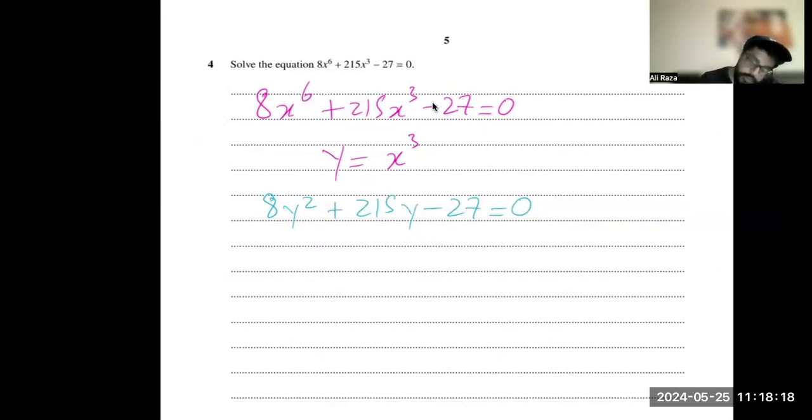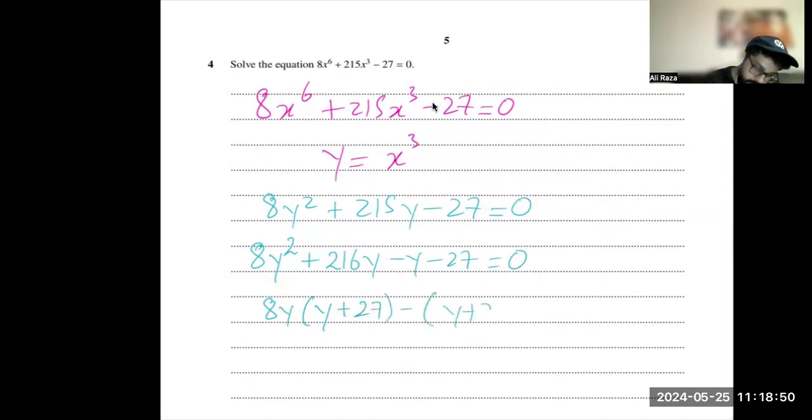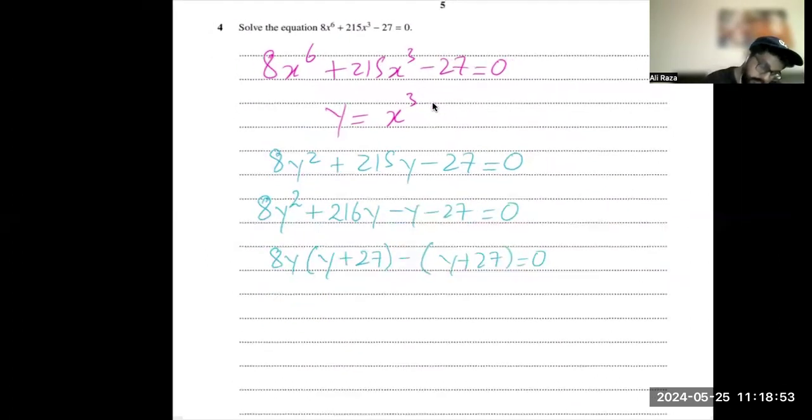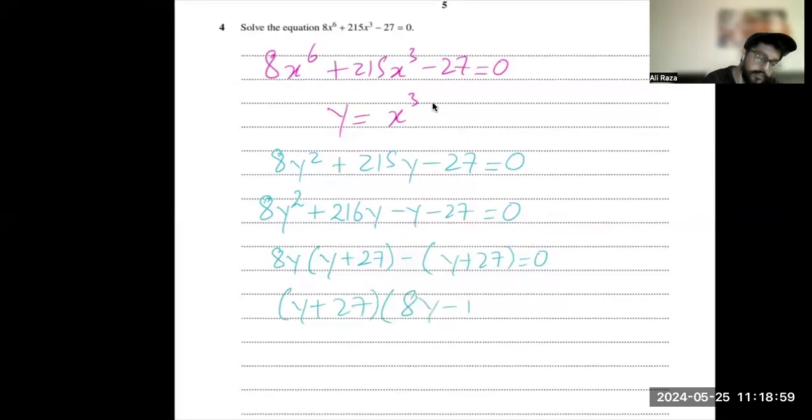So when we middle term break this, we'll get these are the two factors, y plus 27 and 8y minus 1 is equal to 0.